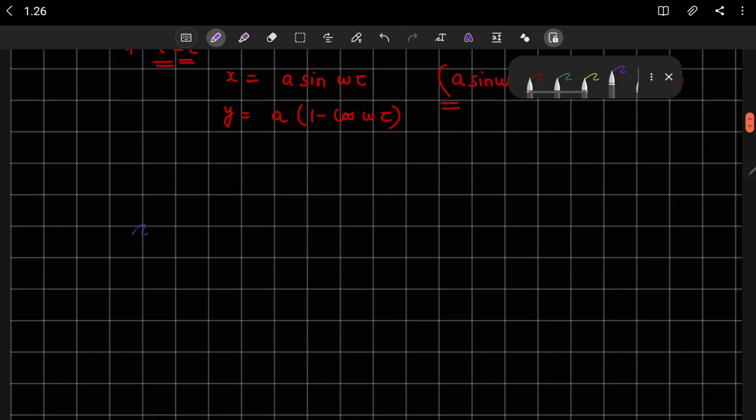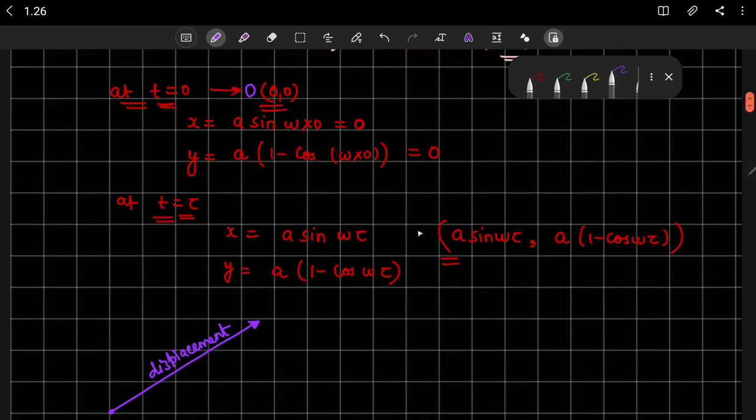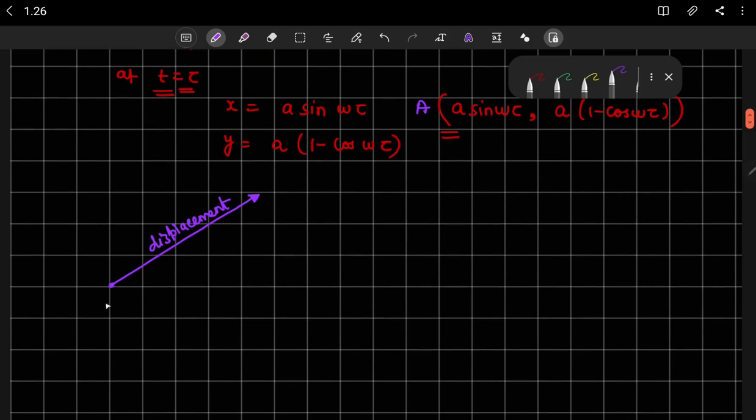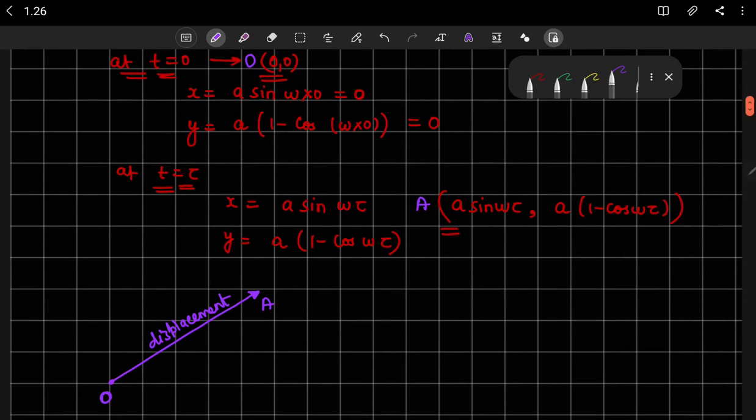So basically if we draw the position vector, then this is the displacement we will get. Let us say this particular point is O and this particular point is A. So from O to A we can directly find the displacement using these two coordinates.